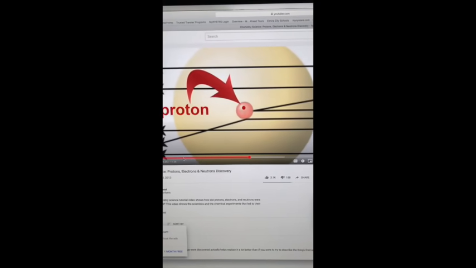The nucleus is incredibly heavy. Over 99% of the atom's weight is concentrated there, and it is incredibly small. If we magnified an atom to be the size of a football stadium, the nucleus would be the size of a pea. Rutherford later discovered a particle inside the nucleus that was responsible for its positive charge, and he called it the proton.